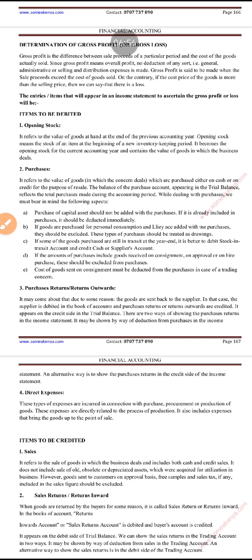A. Purchases of capital assets should not be added with the purchases. So this simply means that if you deal with the selling of stock, like maybe you have a kiosk, and what you sell is the normal stock, uga, sugar, coffee.